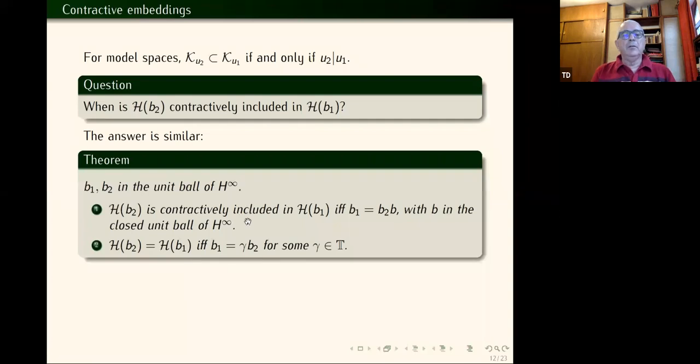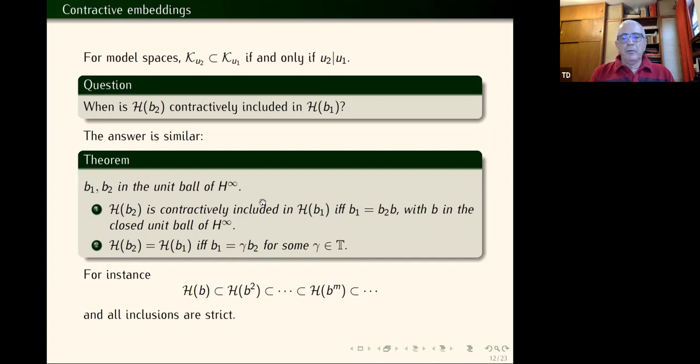And the two spaces are the same when the B's differ by a unimodular constant, which actually we just used in terms of Clark measures. So, for instance, one can show that all these H's are included one in another, but moreover, we can show that the inclusions are all strict.